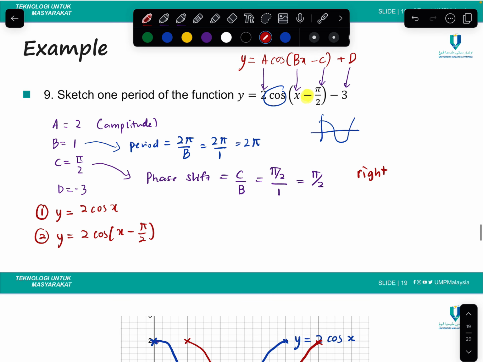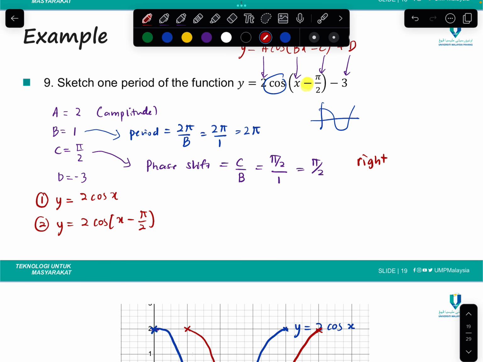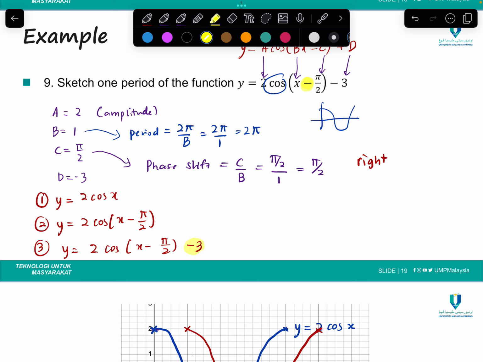Next, what's next? We want to consider the whole equation where you need to put minus 3. Okay, minus 3 is outside of the function. Let's analyze this. So remember, when the constant is outside, it will give you vertical shifting.